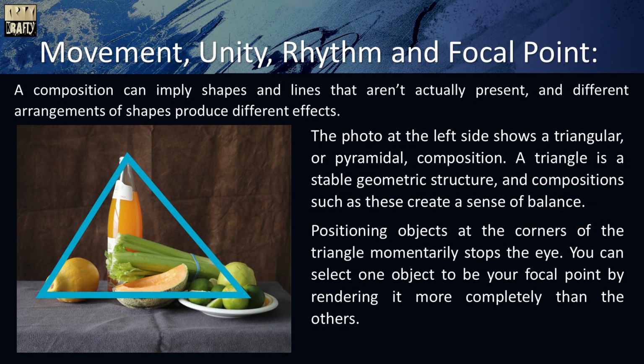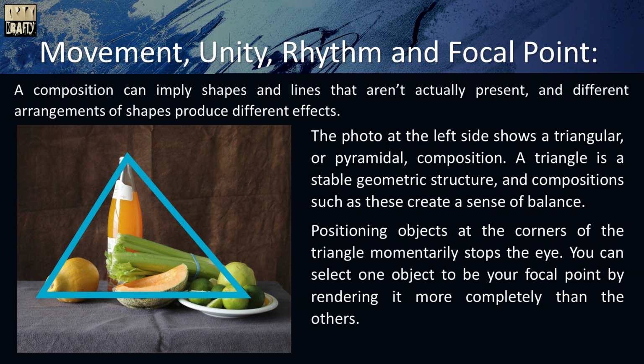Movement, unity, rhythm, and focal point. A composition can imply shapes and lines that aren't actually present, and different arrangements of shapes produce different effects. The photo at the left side shows a triangular or pyramidal composition.